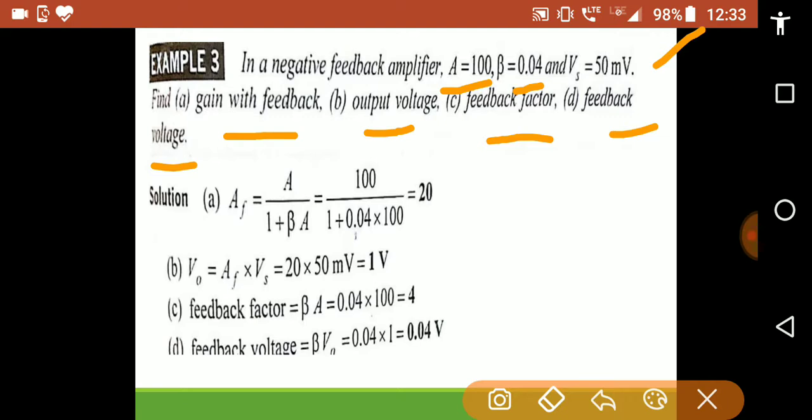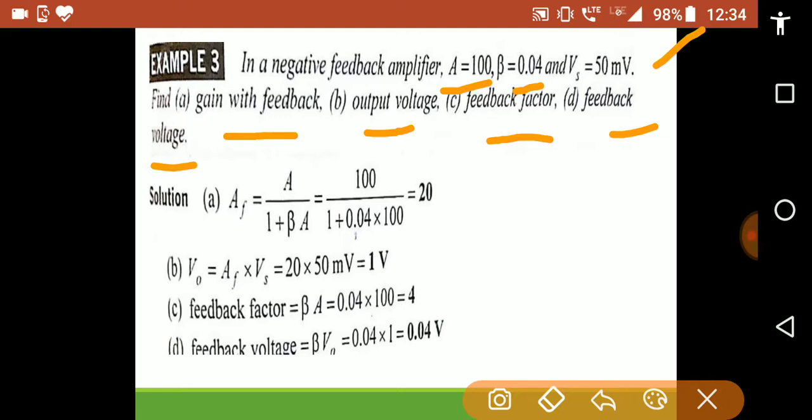Here we have to find AF, output voltage VO, feedback factor beta A, and feedback voltage beta VO.